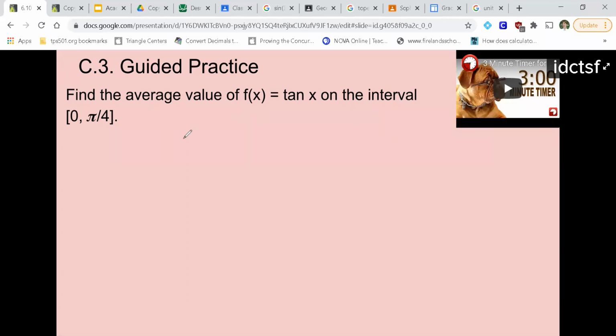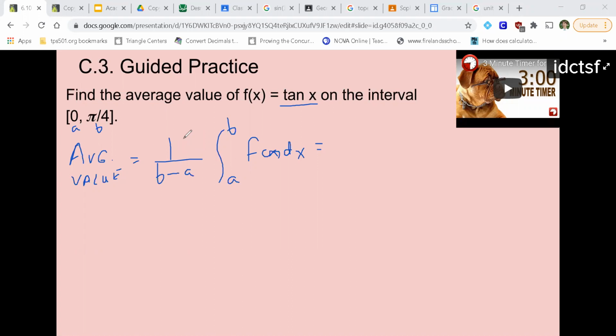The average value, remember, is found by doing 1 over b minus a of the integral from a to b of f of x dx. So for our problem then, this is a, this is b, and this is f of x.